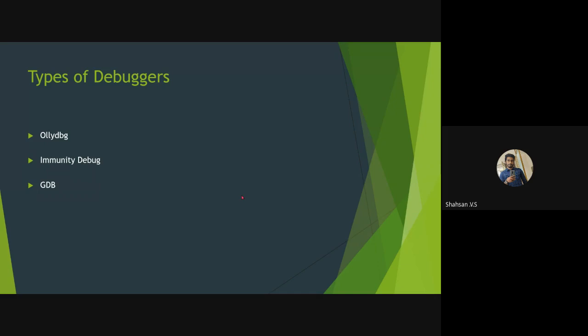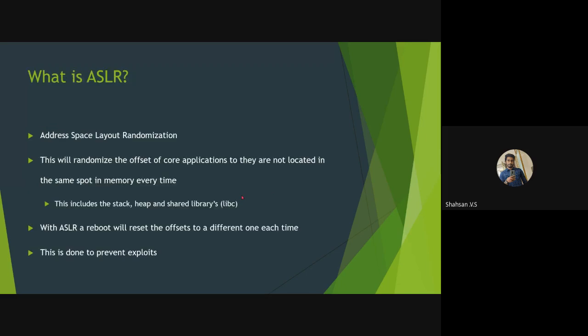JADX is one such tool, and there are many others, like APKTool. Many tools are used for debugging. Once you convert the machine language into source code, you can easily reverse engineer Android applications. So these are the uses of a debugger.